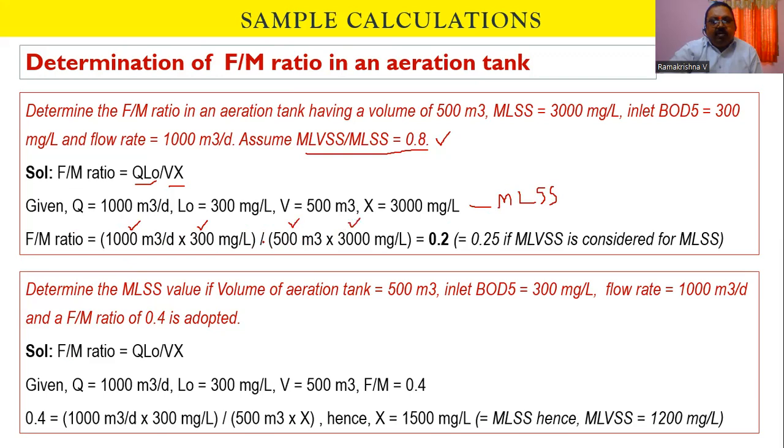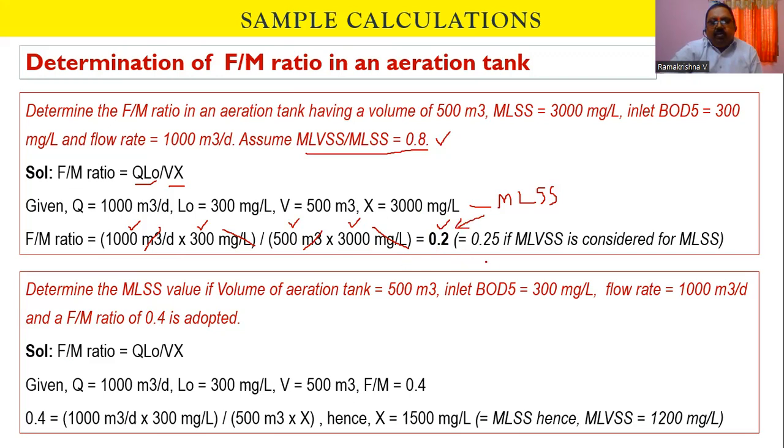So here no conversion factor is required because in the numerator and denominator we have milligram per liter and milligram per liter, which get cancelled out, and meter cube will get cancelled out. So conversion is not required here, unlike in the previous case. So calculate all these values, 1000 into 300 divided by 500 into 3000, which is equal to 0.2 in terms of MLSS.